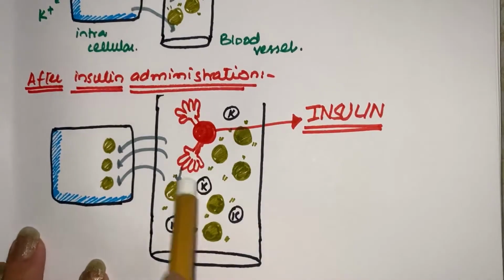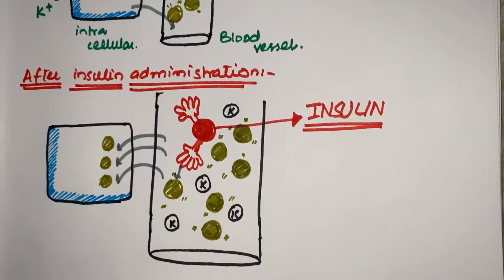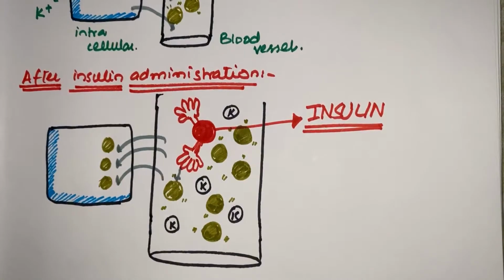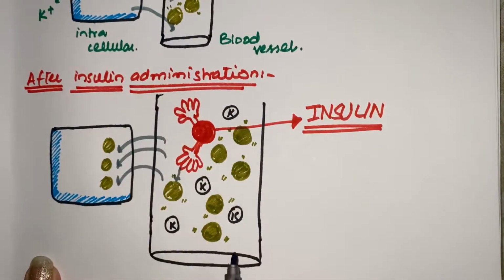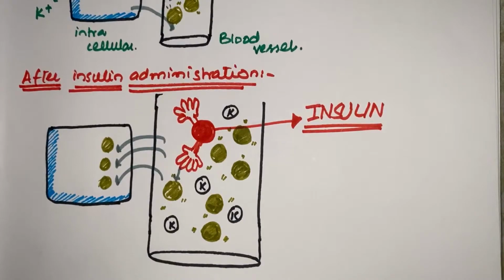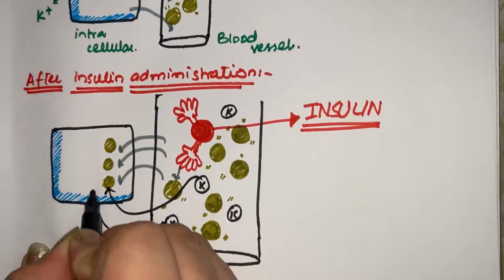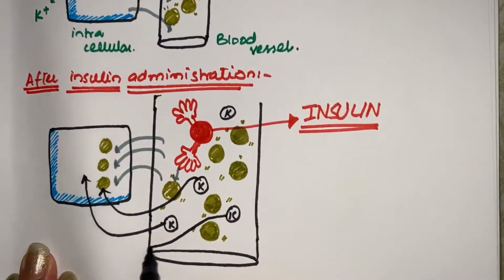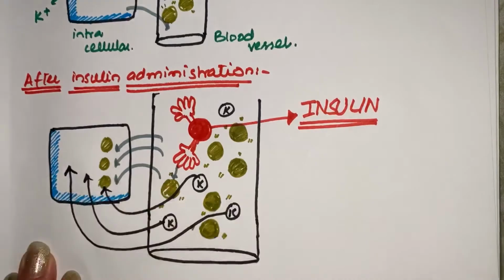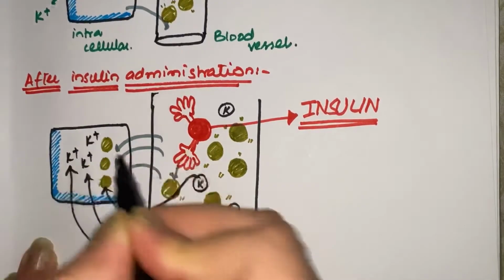Now when the glucose starts to enter the cells, this potassium is left behind. So potassium sees that the circus, or the play that I came to see in the blood vessel, has now ended. It has come to its normal level. So potassium says, I have nothing to do out here, and it starts to enter back into the cells.